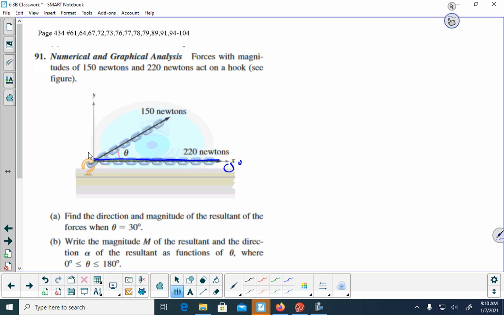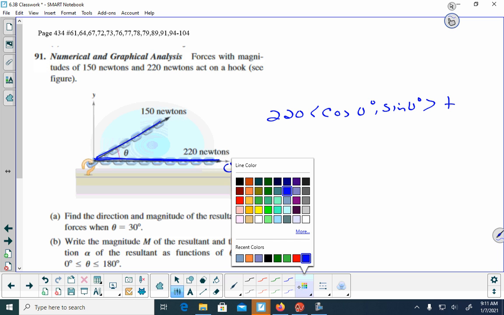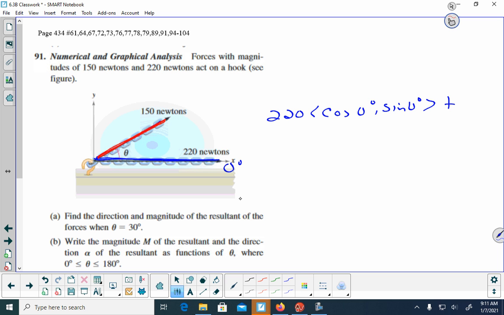So this vector in blue is going to be 220 times cosine of 0 degrees, sine of 0 degrees. Then I'm going to find the resultant by adding this other vector, which they're telling me is at 30 degrees. So I'm going to do 150 times cosine of 30 degrees, sine of 30 degrees.